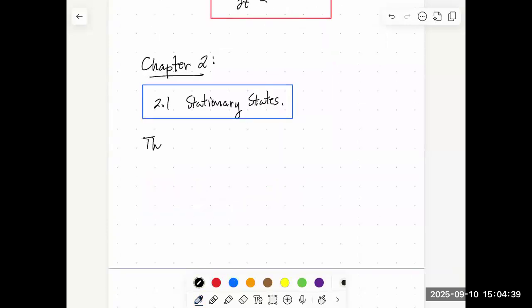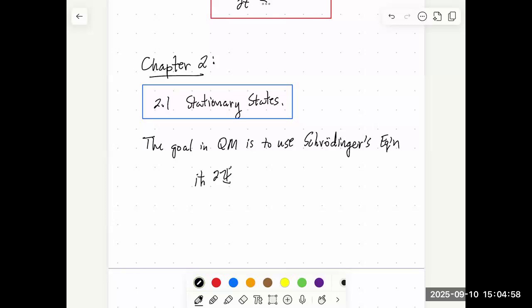All right, so that's a little bit of motivation. The goal in quantum mechanics is to use Schrodinger's equation, iħ ∂Φ/∂t equals, I'll write it out fully, minus ħ² over 2m, two derivatives with respect to position, plus VΦ. Let me call this equation 1.